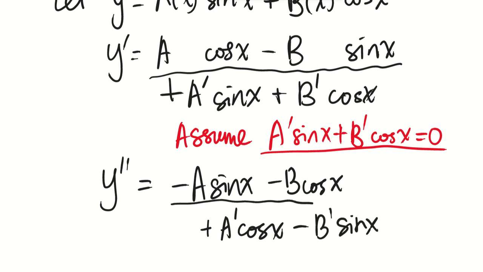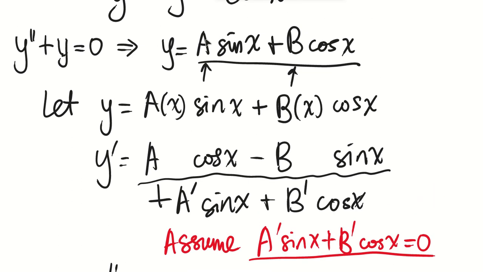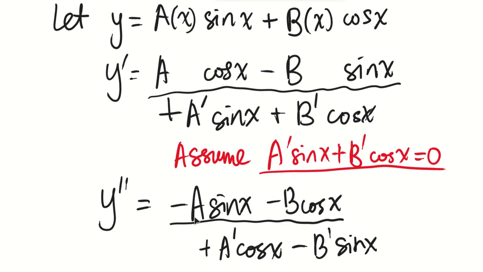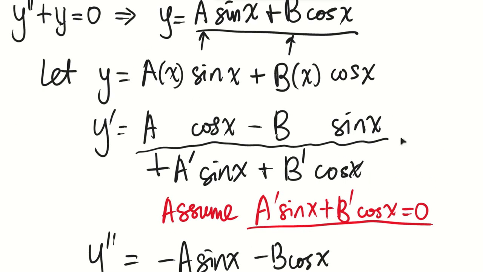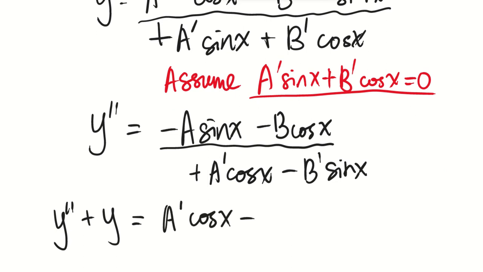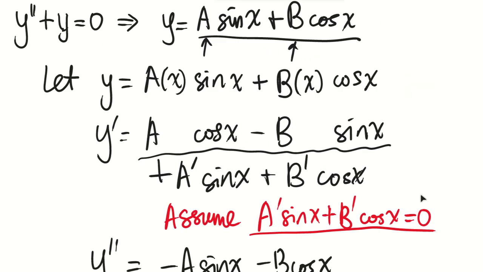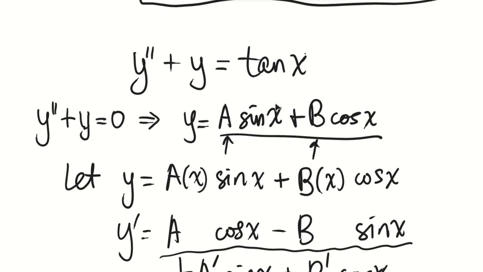And notice this is actually just minus y, and it makes sense because if we do the same thing with a and b constant, this would be the exact result that you would get upon substituting that function into this part. So what we now know is y prime prime plus y is a prime cos x minus b prime sine x. And we want this to be tangent x, because the equation we are solving is y prime prime plus y equals tangent x.